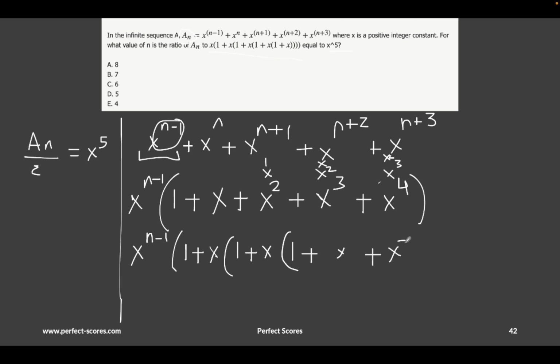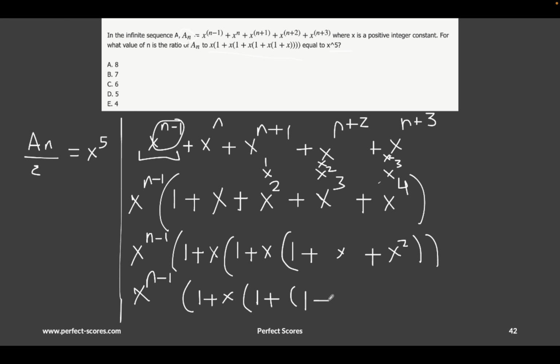Let's take one step further, right? I'm just going to write the step as x to the power n minus 1 all the way to 1 plus x, then 1 plus x. Then I can clearly see that this expression is going to be similar to this, right?